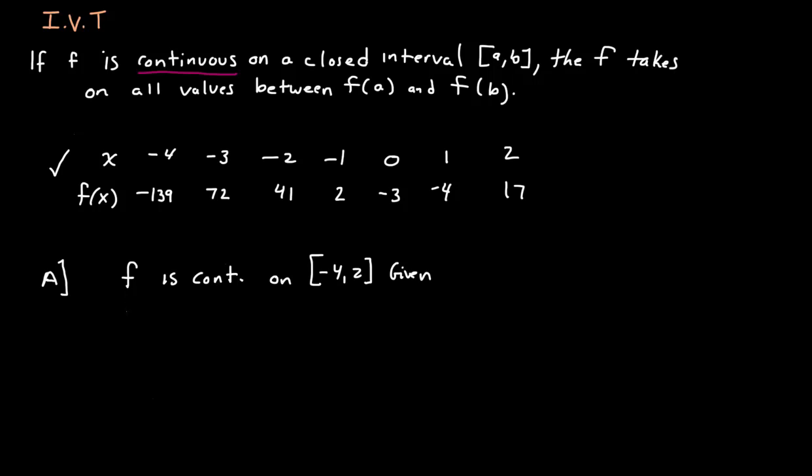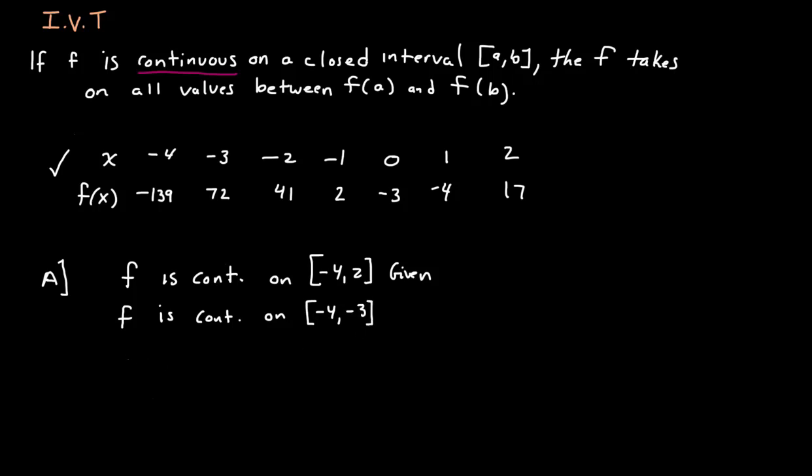Now, since it's continuous everywhere on [-4, 2], I want to obtain the interval that's of importance to me. f is continuous on the subset interval [-4, -3].